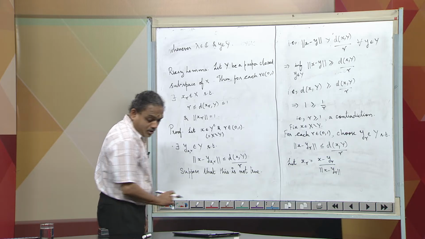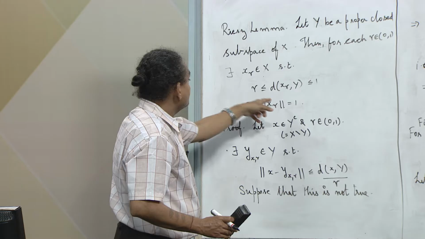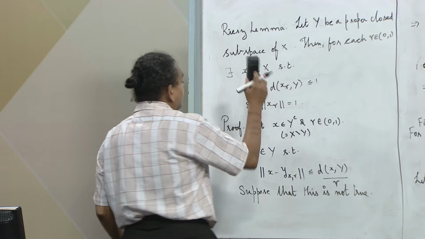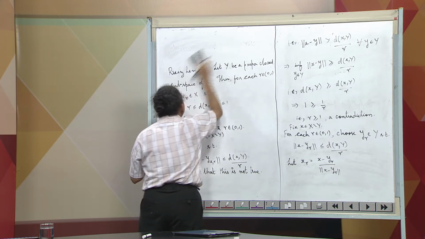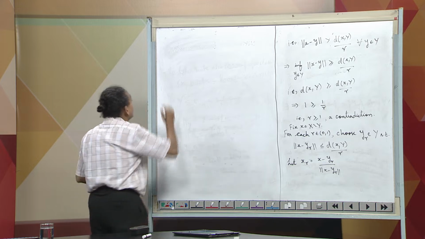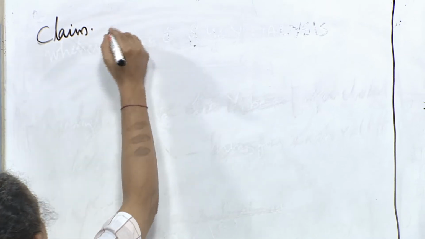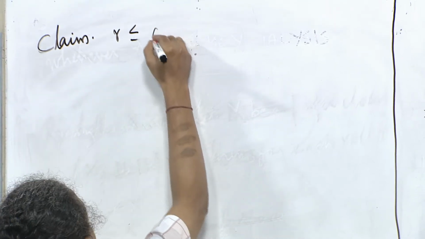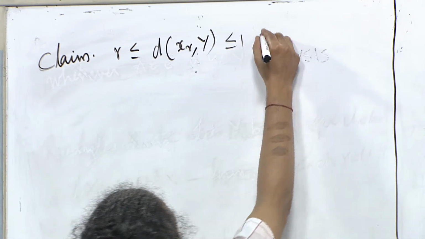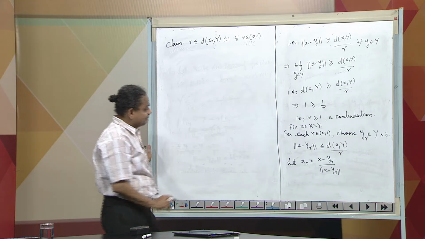The only thing that we will have to prove is this inequality, the distance between x_r and the subspace Y. So, our claim is that r is less than or equal to the distance between x_r and Y, which is again less than or equal to 1, for all r coming from the open interval 0 to 1.